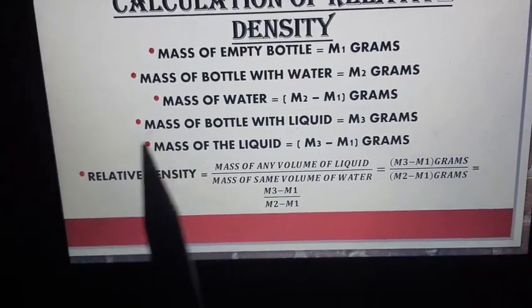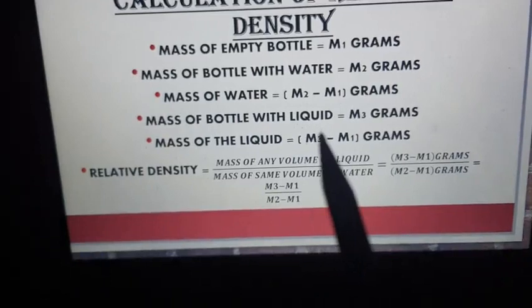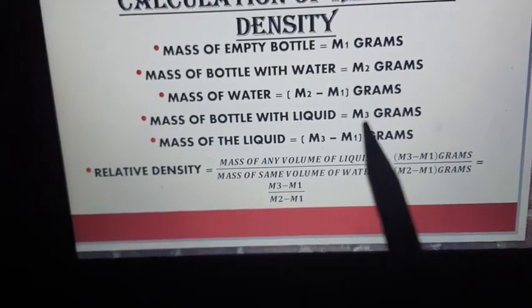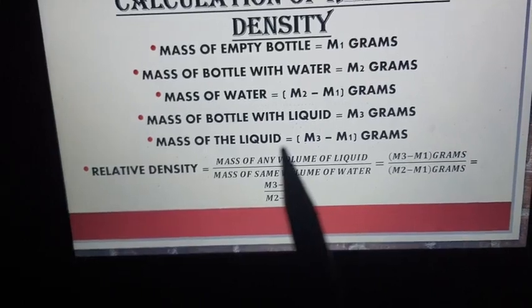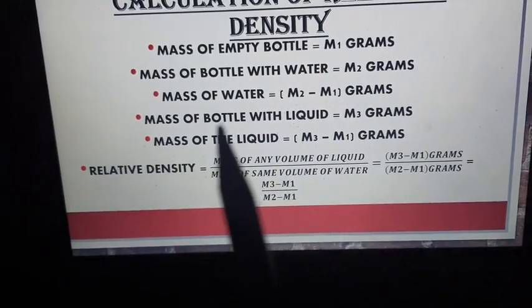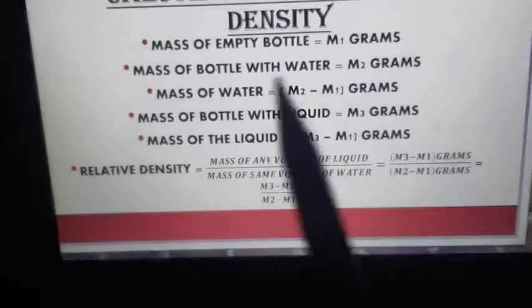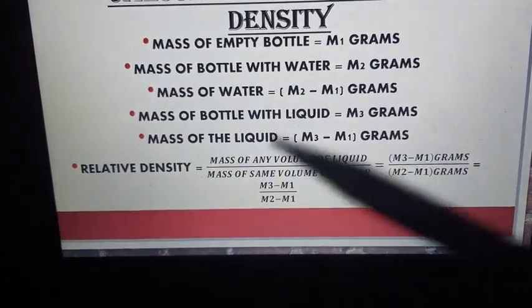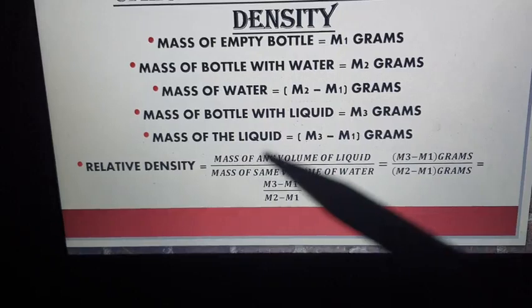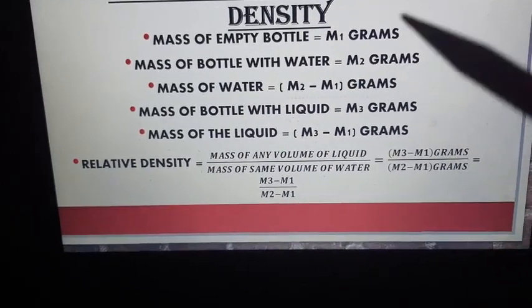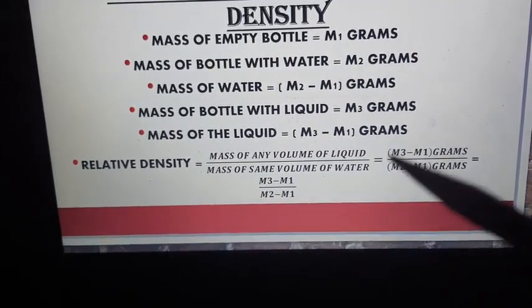Next, mass of the bottle with the liquid, as we said, is M3 grams. So what is the mass of the liquid? The empty bottle has mass M1 and the bottle filled with the liquid is M3, so mass of the liquid will be M3 minus M1.